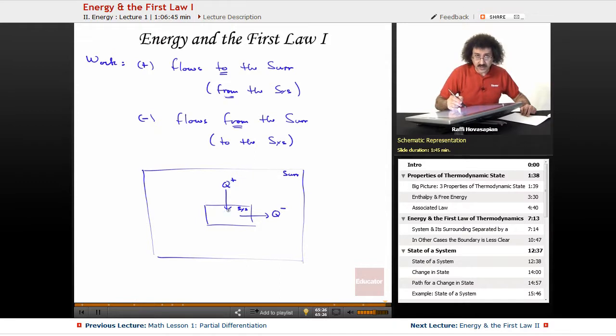Heat is positive when it goes into the system from the surroundings. Heat is negative when it goes out of the system to the surroundings. Work is positive when it comes to the surroundings from the system. Work is negative when it goes from the surroundings to the system. This is a schematic of our particular convention.